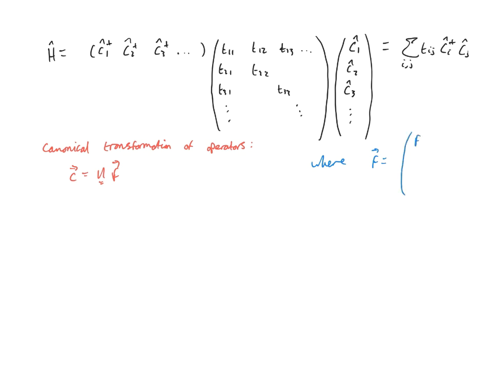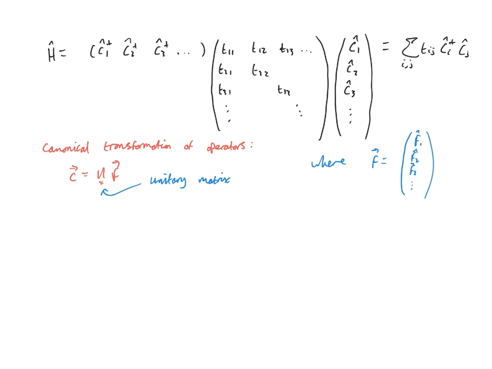So f, a vector operator, would be f_1, f_2, f_3, and so on. And the U here is a unitary matrix, which basically just tells you how you scramble up all of the f's to get the c's. Okay, very good. And of course, because this is a matrix product, this is just a linear equation.